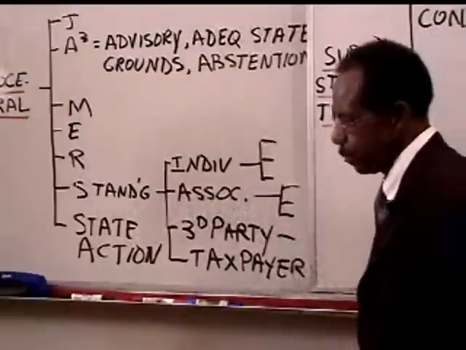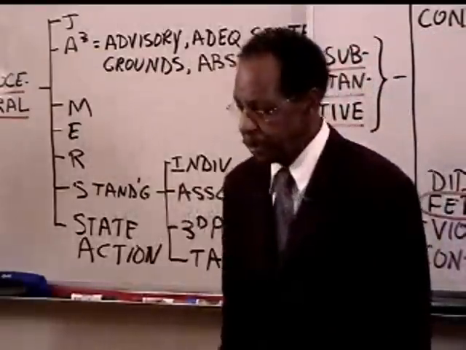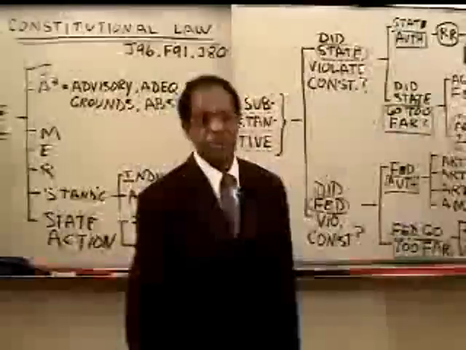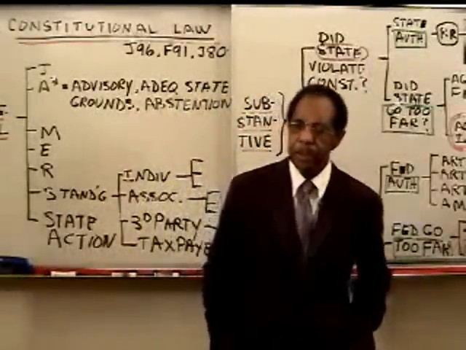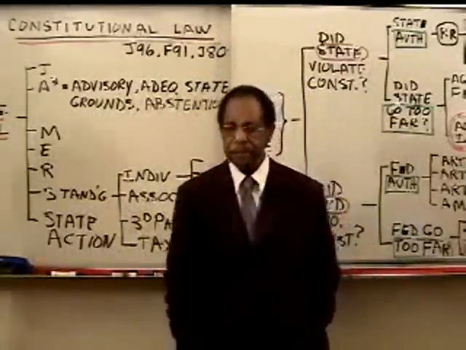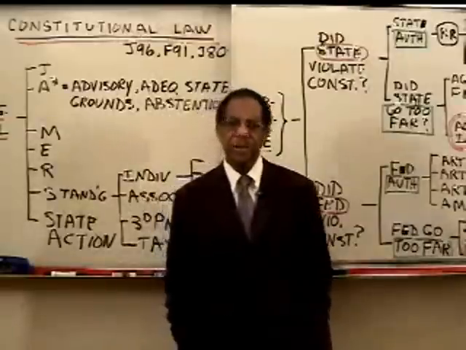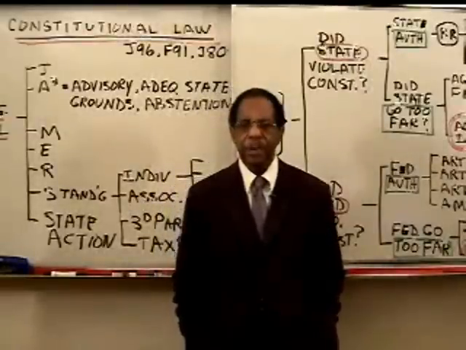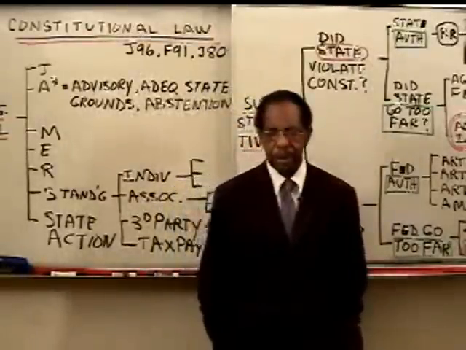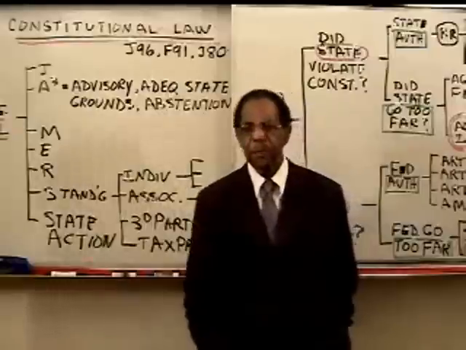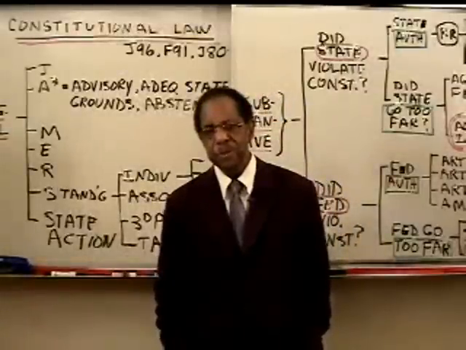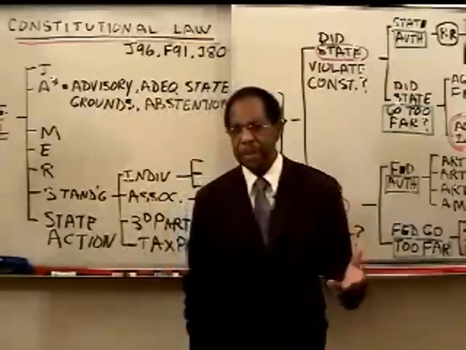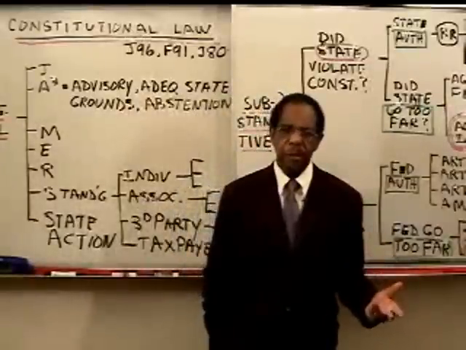Going back to associational standing that we mistakenly were talking about a few minutes ago, in the case of associational standing, the rule is that the association can assert the rights of its members if, number one, the purpose of the association is germane to the purpose of the lawsuit.